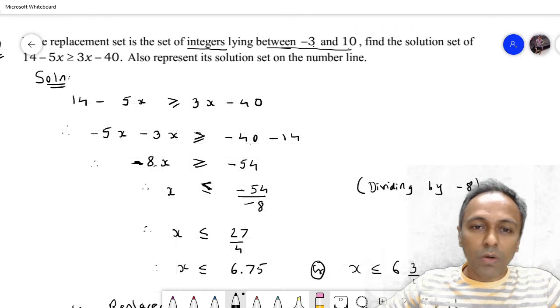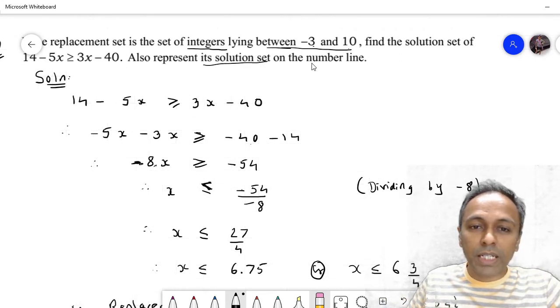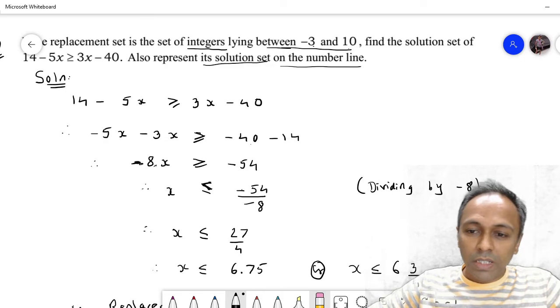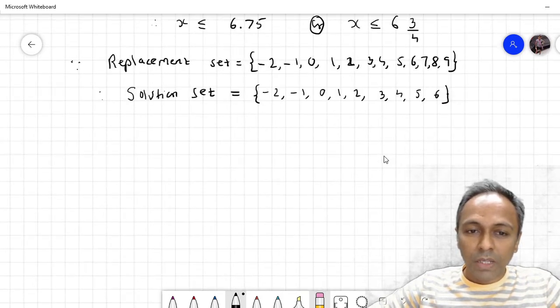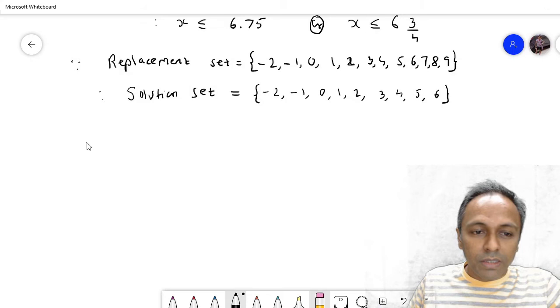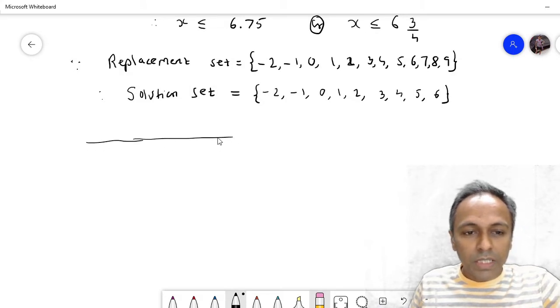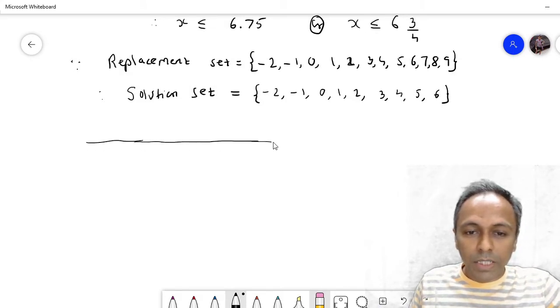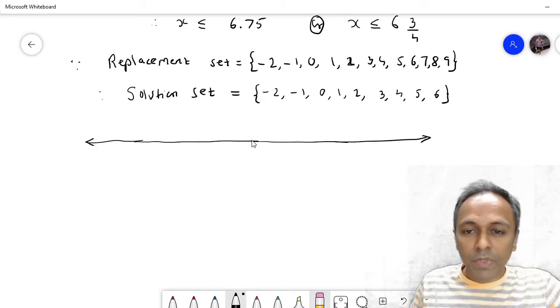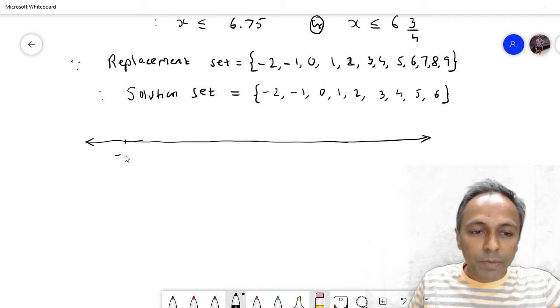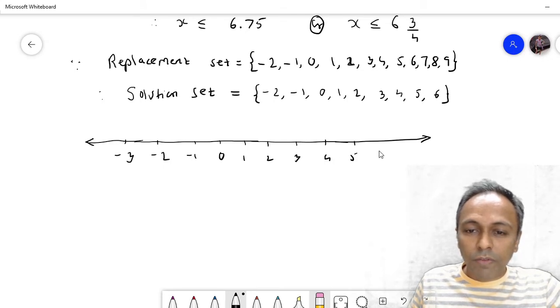They have also asked to represent the solution set on the number line. Let us make a number line. Always use a scale when you are doing it in an exam. Let us mark all these points. Let's say we begin with minus 3, minus 2, minus 1, 0, 1, 2, 3, 4, 5, 6, 7.